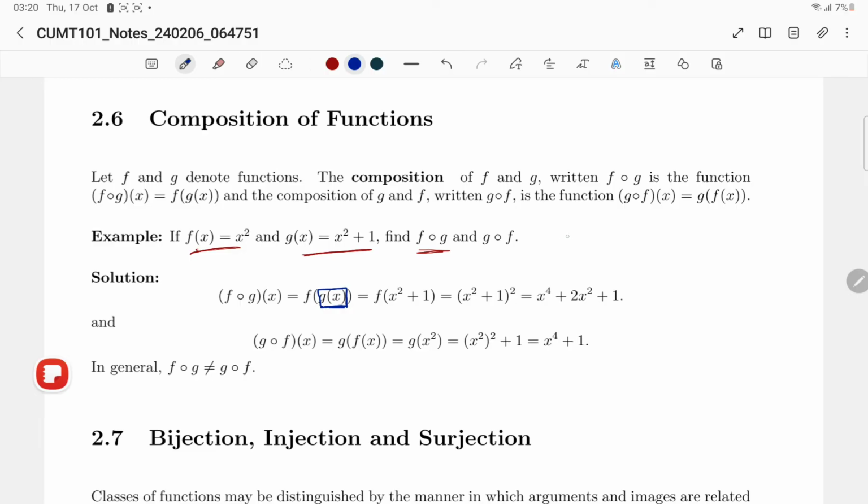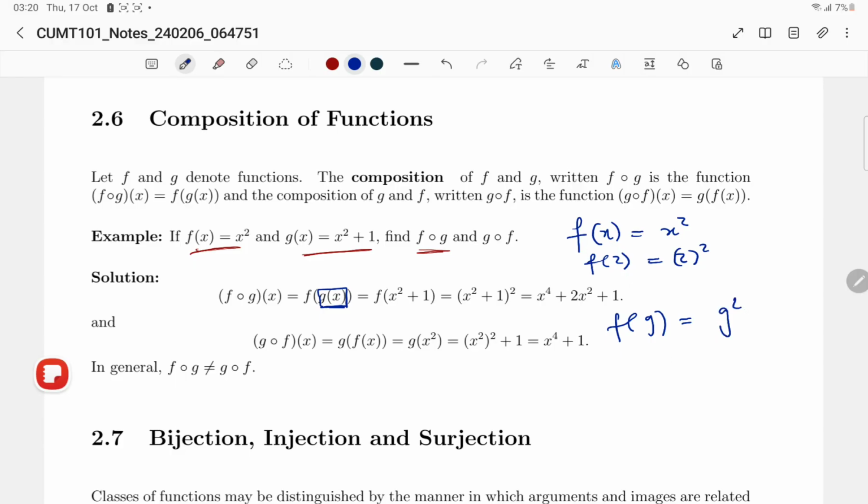What I mean is, if we have f of x equal to x squared and we want to find f of 2, we just put 2 where x is, right? The same applies if you're now finding f of g: we put g wherever x is, so it will be g squared.